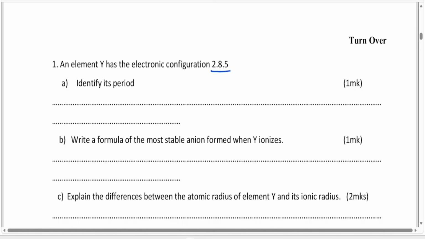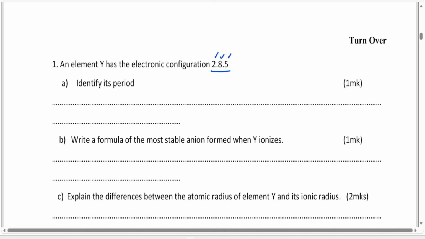While identifying the period, we consider the number of occupied energy levels, and we can see that we have 3 occupied energy levels, 2, 8, 5. All those energy levels are occupied, and therefore it is in period 3.